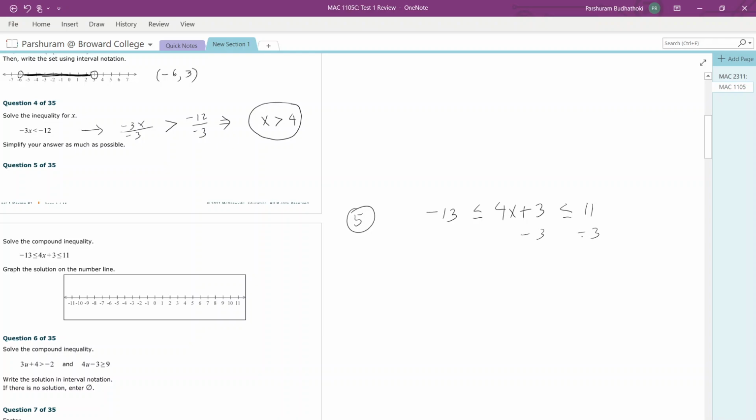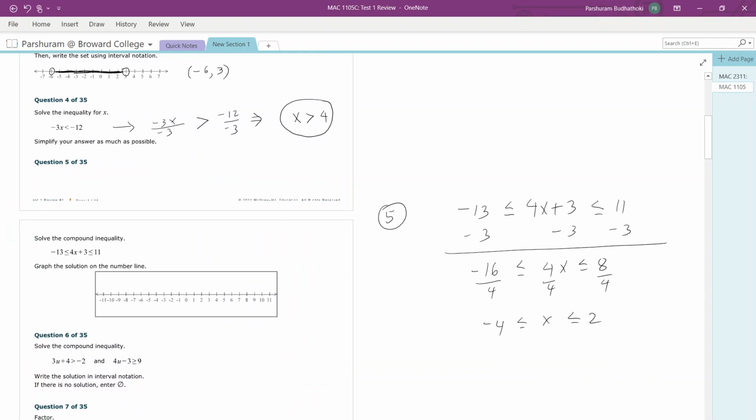Subtract 3. That gives us negative 16 is less than or equal to 4x, less than or equal to 11 minus 3, which is 8. There is a 4, so we divide the inequality by 4. It gives us negative 4 is less than or equal to x, less than or equal to 2.